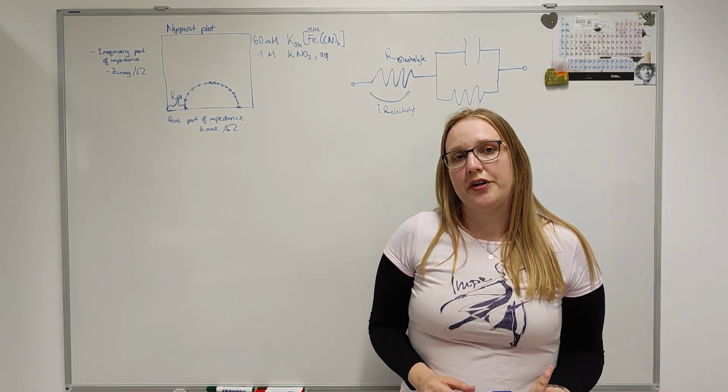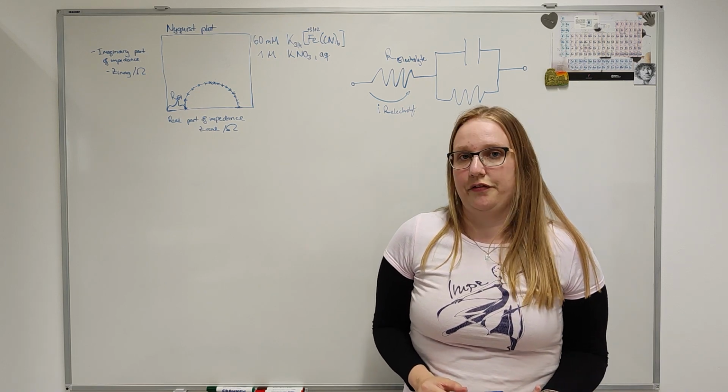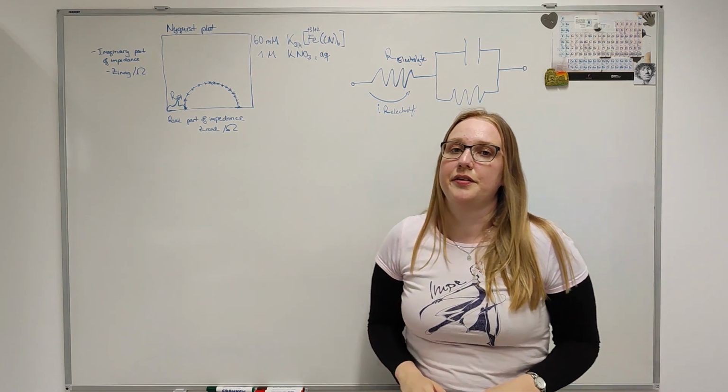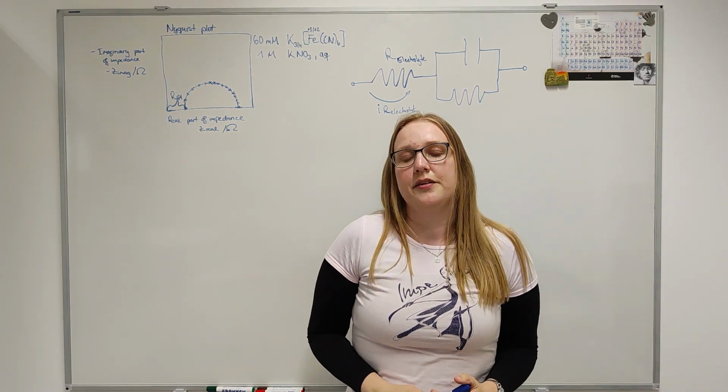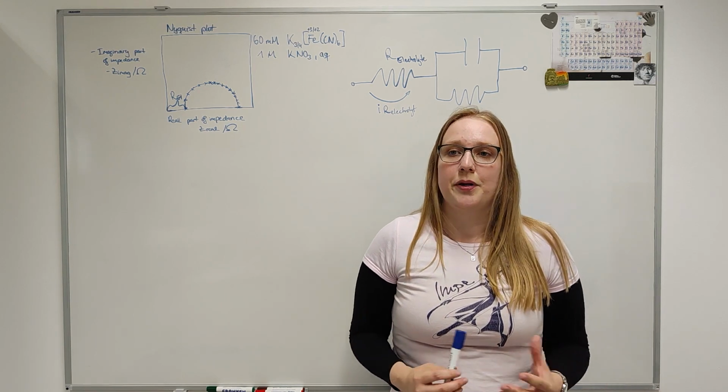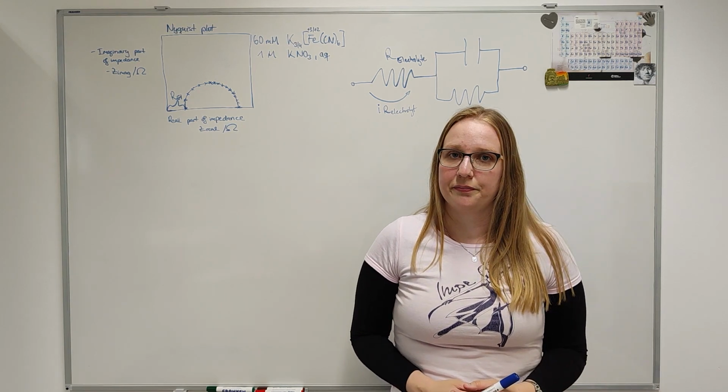But this is not what we want to characterize. We are interested in the interface. So we want to compensate for this ohmic drop we experience here. To do that, there are different methods, but they all require that we actually determine the ohmic drop first, and impedance spectroscopy is a helpful tool for this.